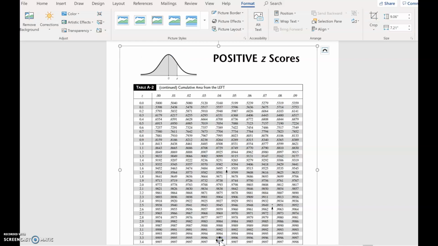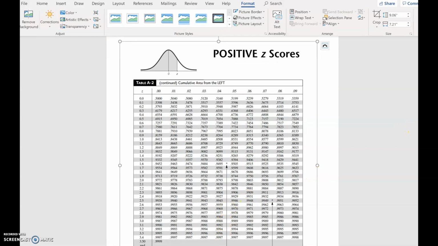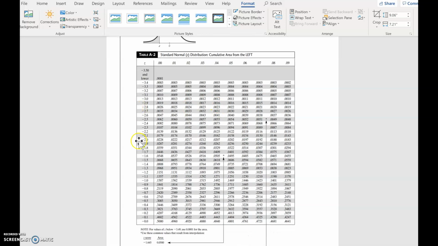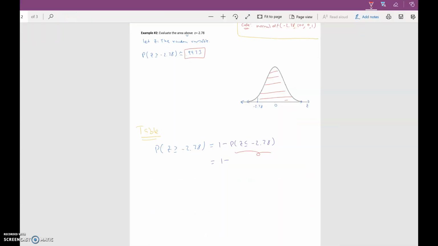On the table, that's actually going to give us a negative. So let me go to the negative. The negative is here. Negative 2.7 is here. 78, it's going to be 0027. If I haven't messed this up, negative 2.78, I'm getting 0.0027.